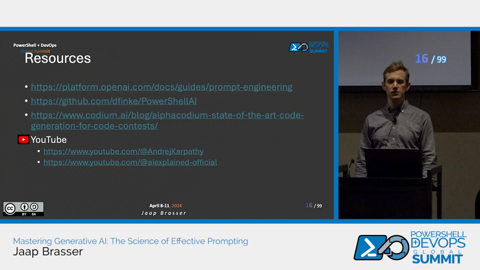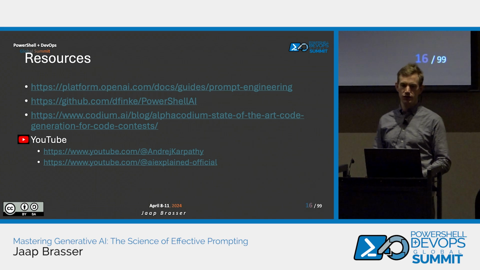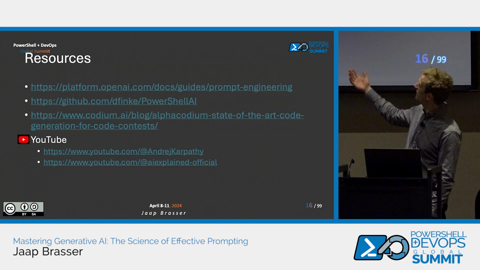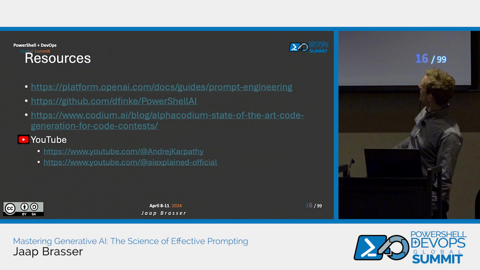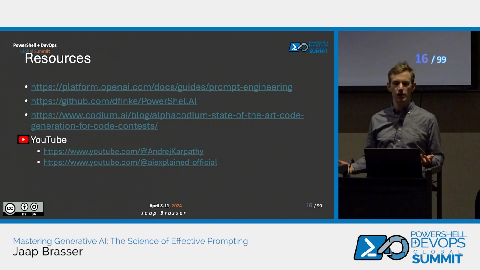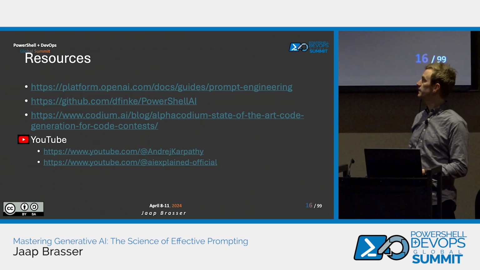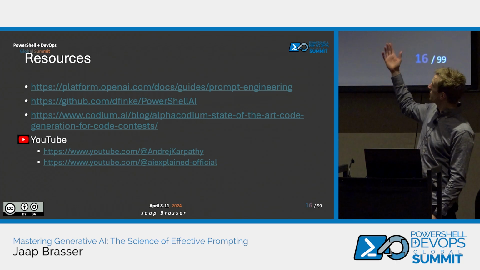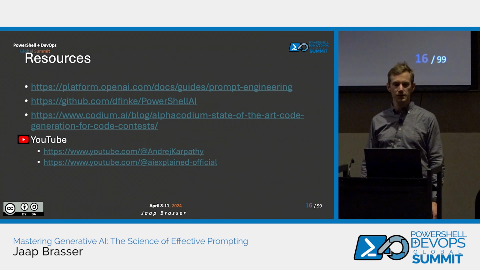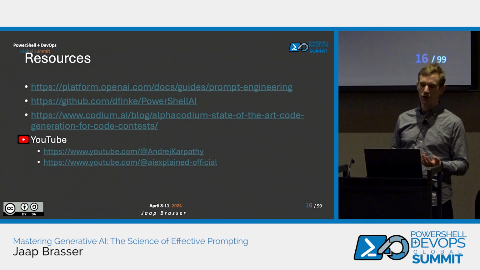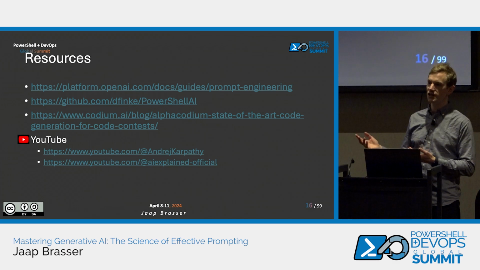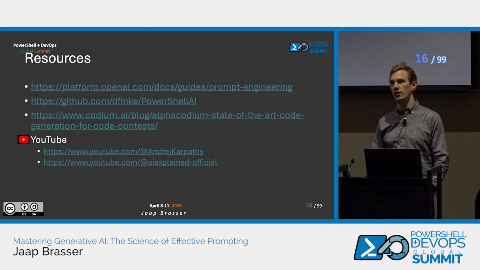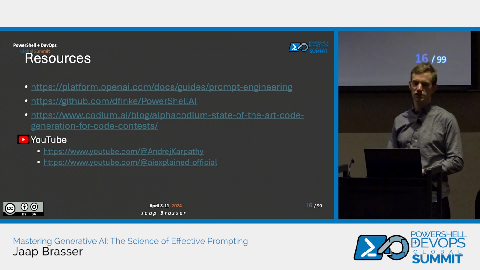A couple of the resources that you can use. All the slides will be shared, so you don't have to take photos of this, but you can. Platform at OpenAI, that's a guide on prompt engineering. Some of the stuff that we discussed here is also in there. PowerShell AI module by Doug. I mentioned AlphaCodium, so that is the code generation with unit tests and dynamic unit tests in order to get good results.